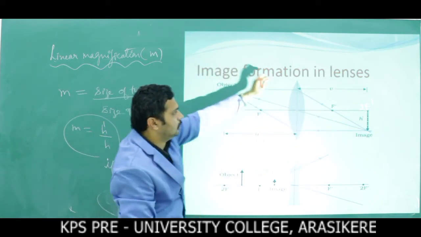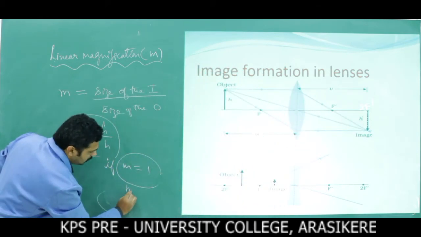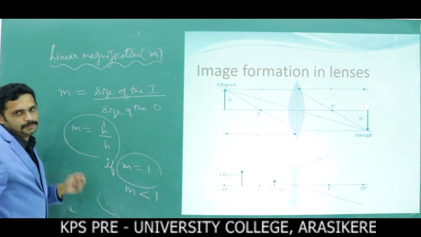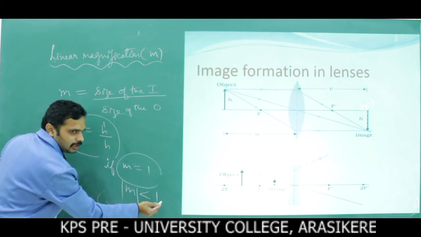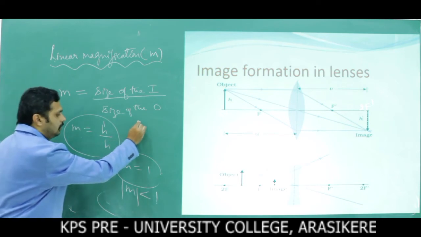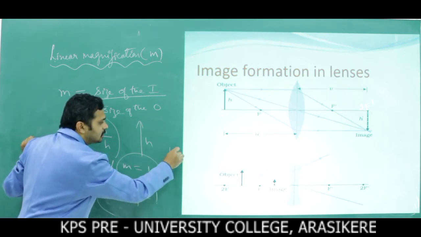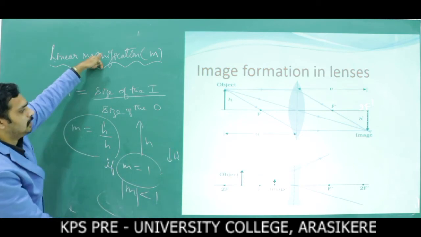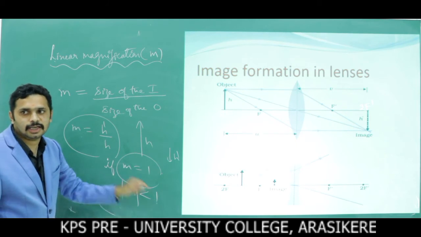The image comes out the same size as the object. So m is equal to 1. Suppose m is less than 1, that is, the magnitude of magnification is less than 1. Then if the object height is more, the image height is less. If the object height was more and the image height comes out less, you will get magnification less than 1.